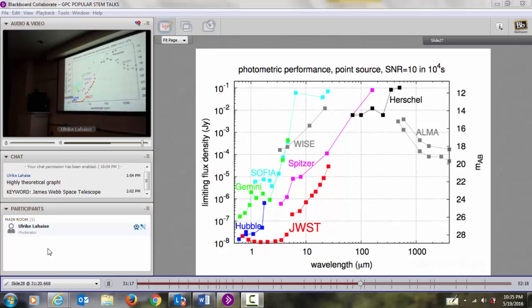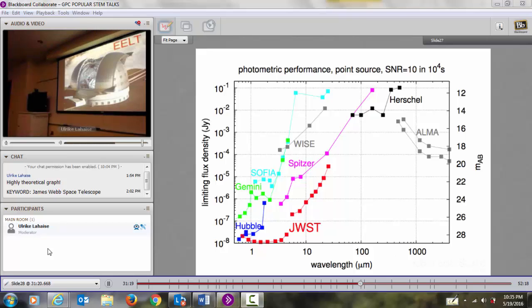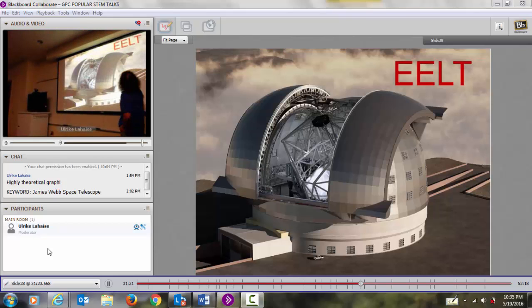There are other telescopes being developed. This is an artist's conception of the ELT, the European Extremely Large Telescope. And this is a pickup truck. They're now preparing the site for this in the Andes Mountains. It's one of the best observing sites in the world. It has some of the driest air, because water interferes with observations through the atmosphere.